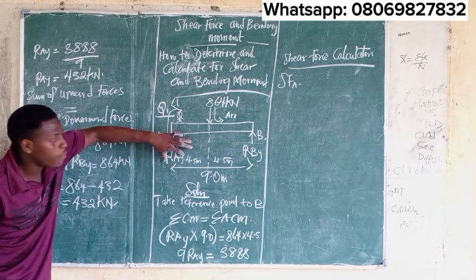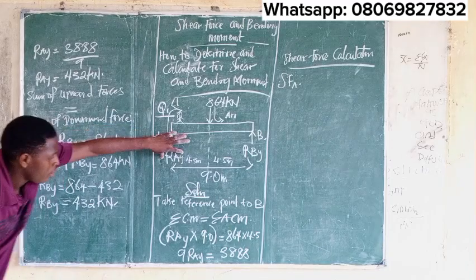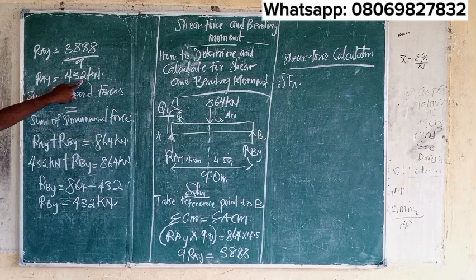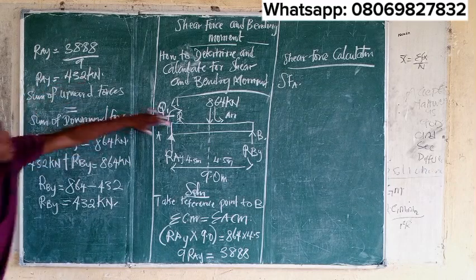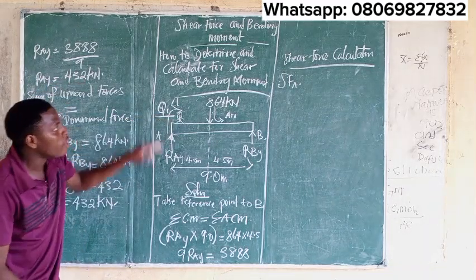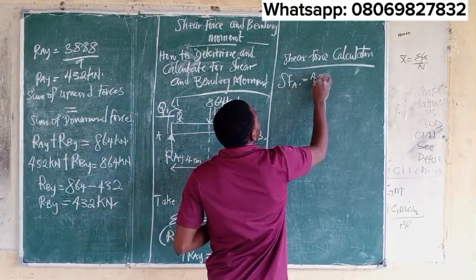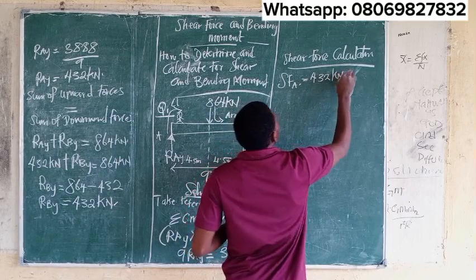Haven't you calculated the force you are seeing here? You've calculated it, which is 432 kilonewton. So the shear force for point A is 432 kilonewton.